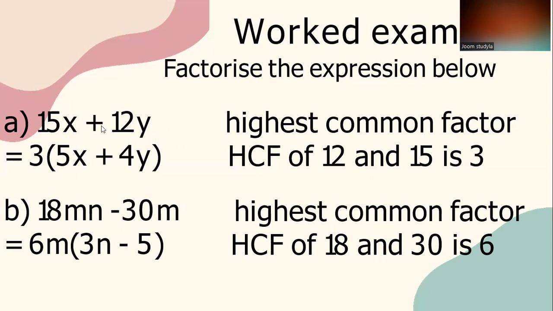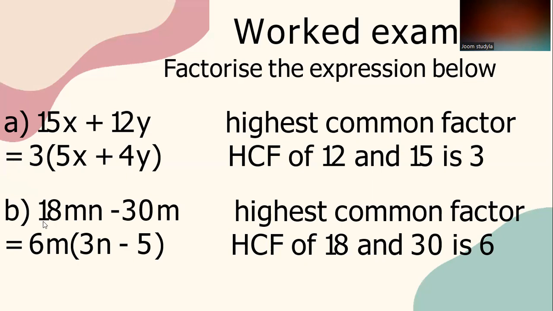If you look at this question, the highest common factor of 12 and 15 is 3. So 3(5x + 4y), because 3 multiplied by 4 becomes 12y. So 3 is the highest common factor of 12 and 15.